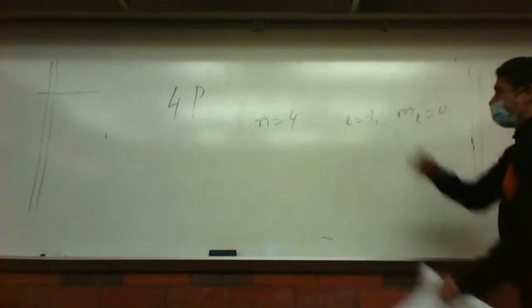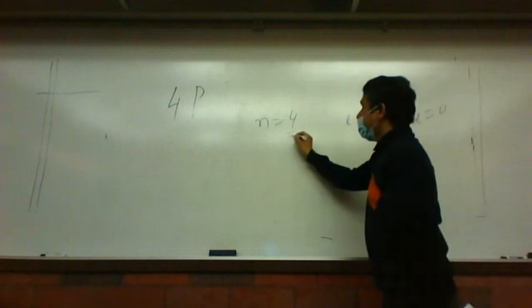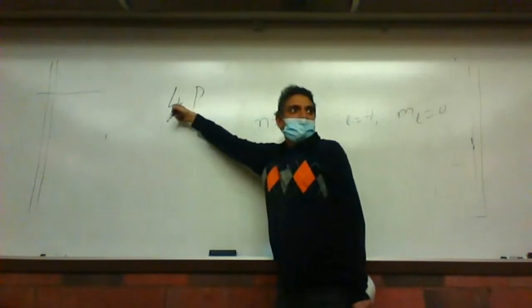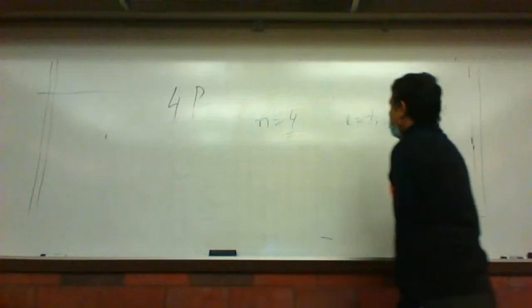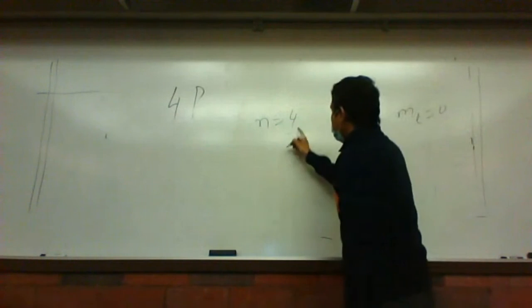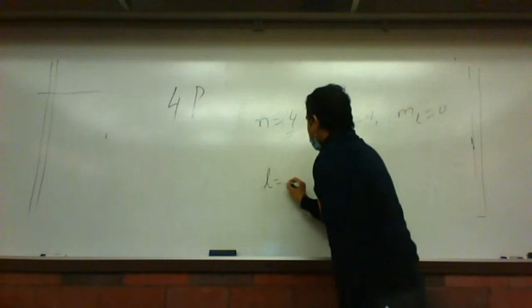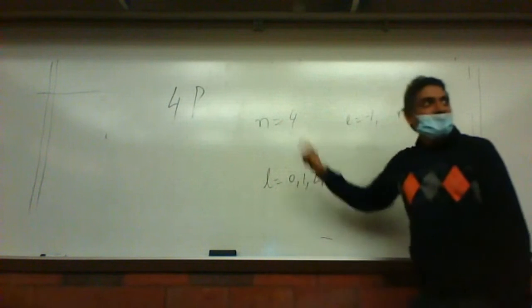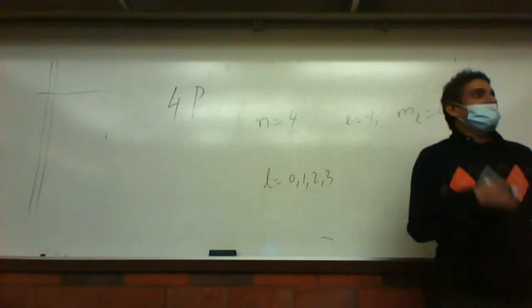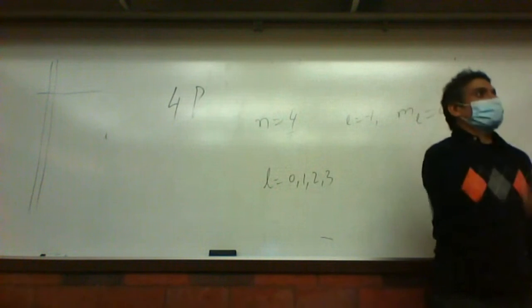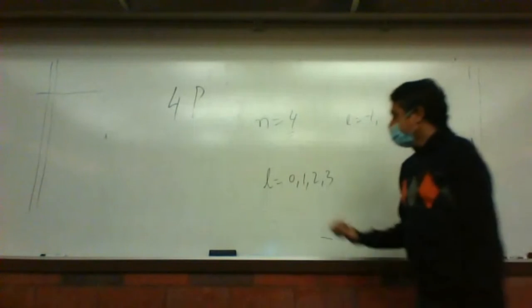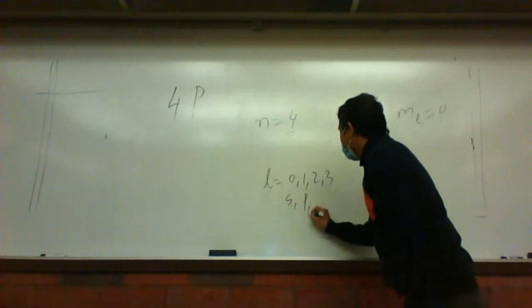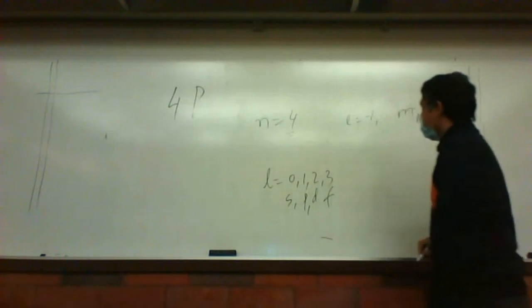Is it good or not good for 4P? n equals 4 is good, right? For n equals 4, L can be 0, 1, 2, 3. If you have n equals 4, L should go from 0 up to 3, not up to 4. So this is S, this is P, this is D, this is F.